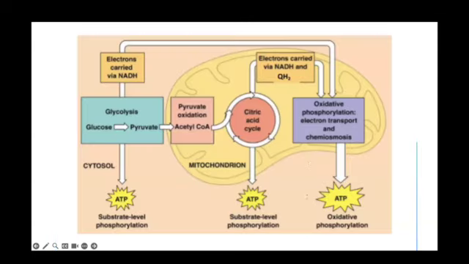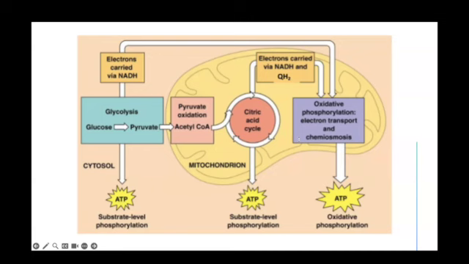The electron transport chain takes place in the mitochondrion. The mitochondrion has 2 membranes, an outer and an inner membrane, and the inner membrane is folded to increase the membrane space. The folds are called cristae. So we need a lot of membrane space because then we can have more proton pumps.